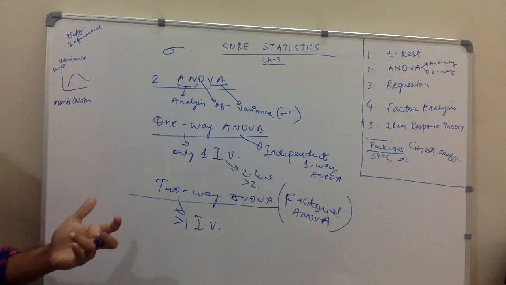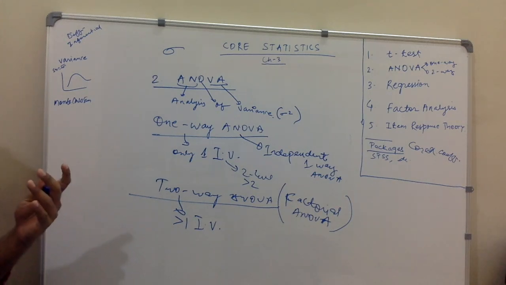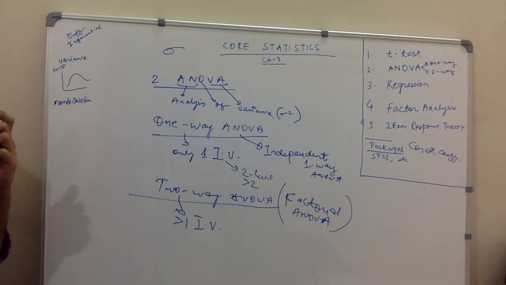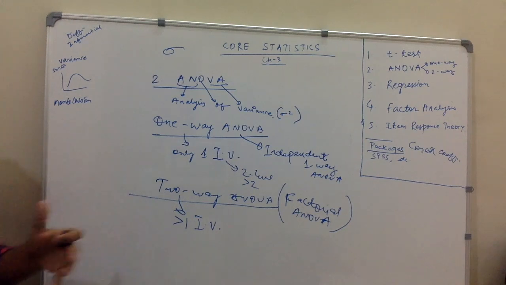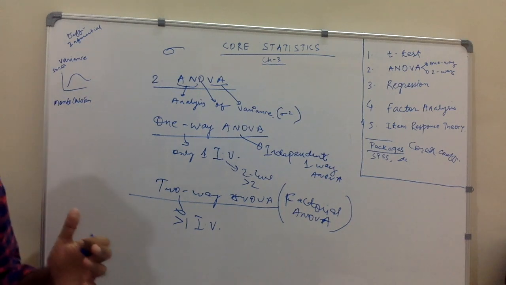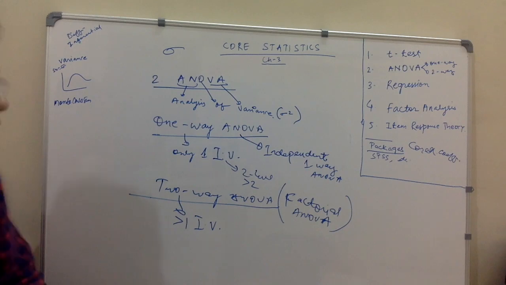when we say independent, we mean that in the experiment that has been carried out, there would be different participants. If the participants are not just one, there are different participants, then it would be independent.